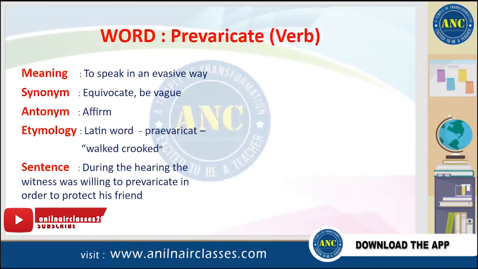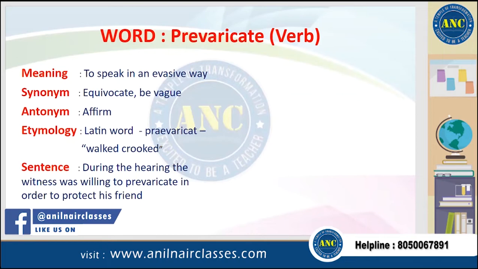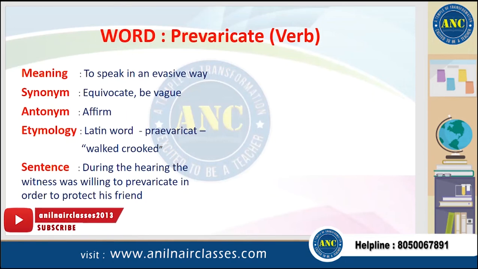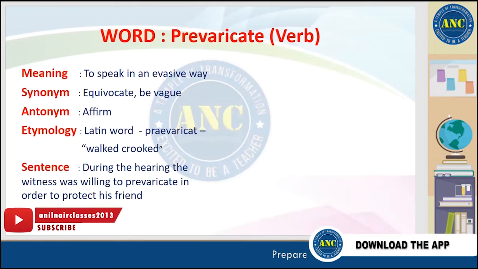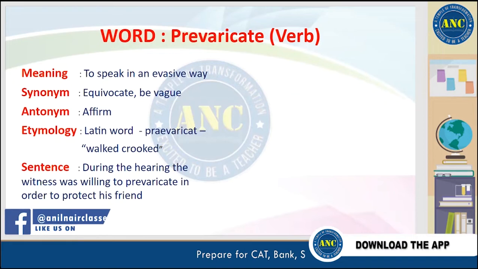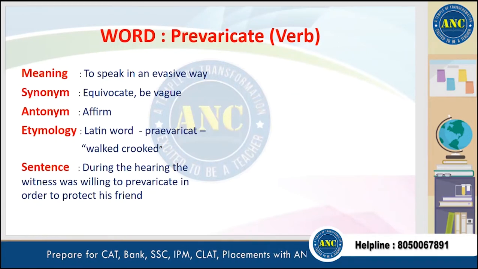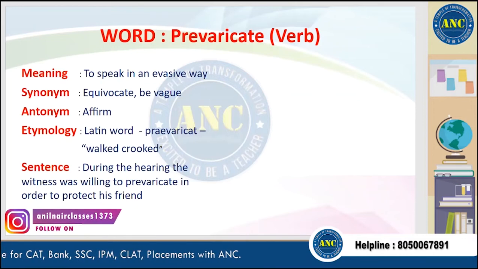Prevaricate. Prevaricate means to speak in an evasive way. A synonym of prevaricate is to be vague or equivocate. An antonym is to affirm. Prevaricate comes from the Latin word prevaricat, which means to walk crookedly.